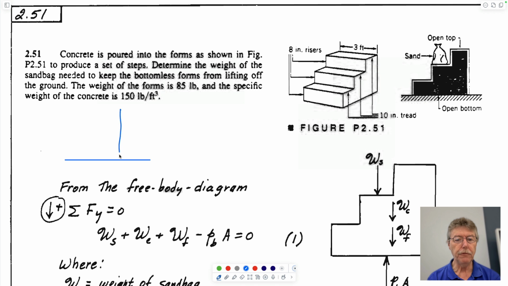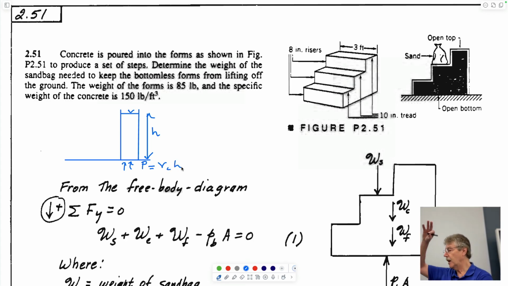If you think about your form as looking like this, instead of having this stair-step structure, you'd certainly tell me that if this is the height to which it's filled, then the pressure at the base acting upwards would be P equal to gamma concrete times H, right? From what we've talked about. Height of the column, that's what it is.